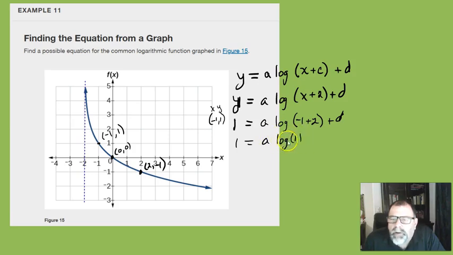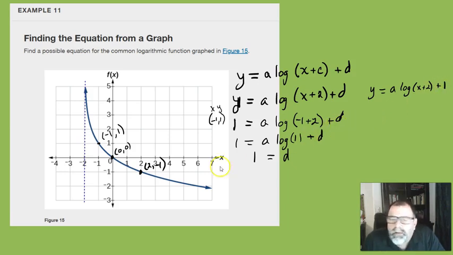And this is a basic property: log of any base of 1 is just 0. If you punch that in your calculator, you'll get 0. So d is 1, because 10 to the 0 is 1. Now I've got y equals a log of x plus 2, plus 1.